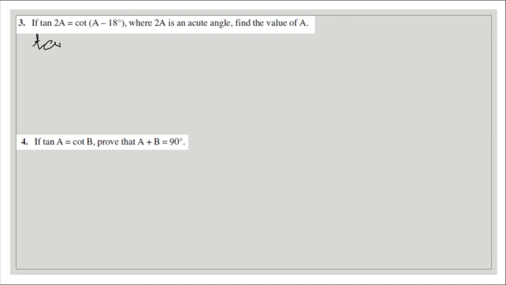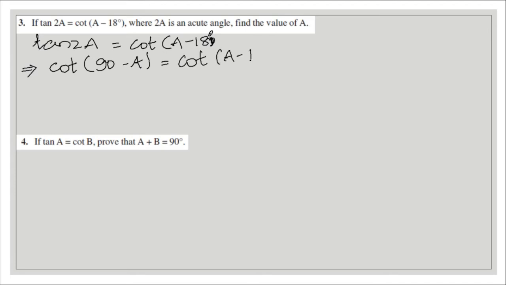From the given, we have tan of 2A equal to cot of A minus 18 degree. I'll make use of the complementary relation. I'm going to change this tan 2A as cotangent of 90 minus 2A, which is equal to cotangent of A minus 18. Now, both are cotangents, so I can equate the inside angles.